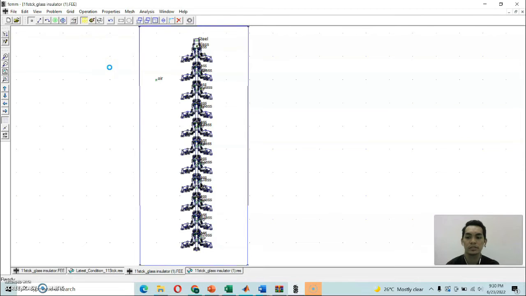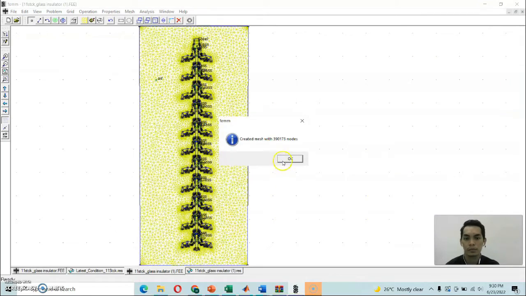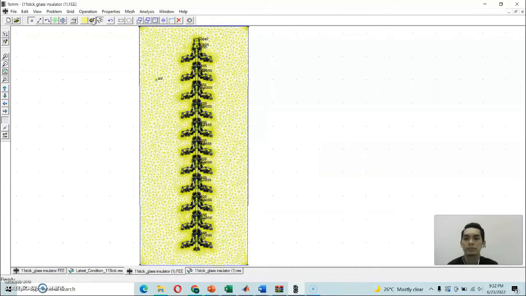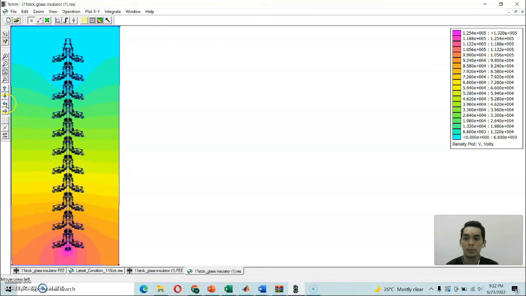This process is known as the meshing process, in order to get the potential voltage, flux density, and also field intensity. Lastly, this is the result that we got for the meshing process.